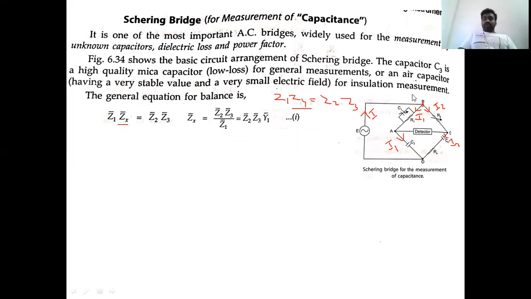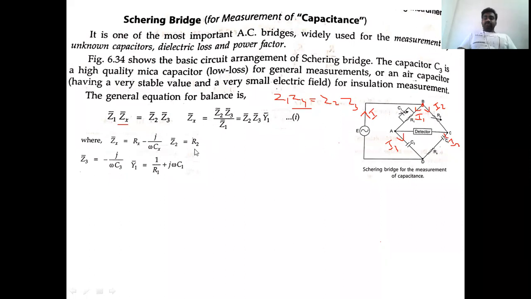Okay, so if we generalize the expressions further, what is the value of Z suffix x? We don't know the value of Z suffix x, that is Rx minus j by omega Cx, and what is the value of Z2? Z2 is nothing but R2, the resistance of the second branch.